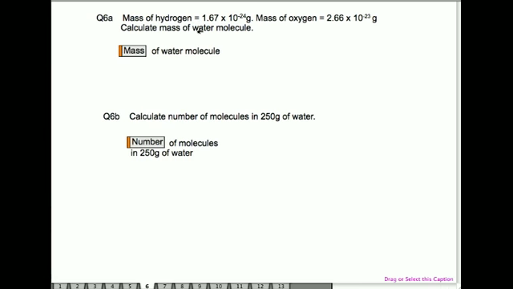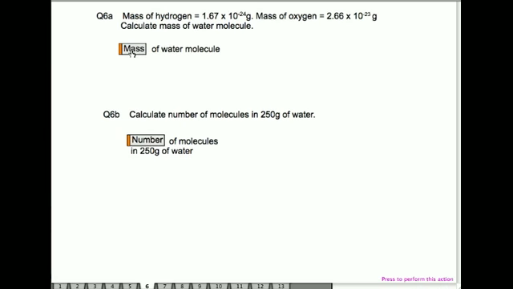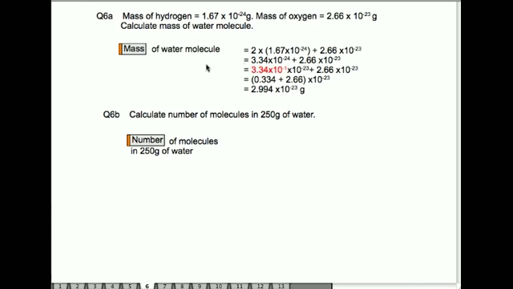Thus, to calculate the mass of a water molecule, which is 2 hydrogen and 1 oxygen, we have two times the mass of hydrogen, 2 atoms of hydrogen, and 1 atom of oxygen. We first multiply the 2 with 1.67 to give you 3.34. We don't multiply 2 into the power of 10.